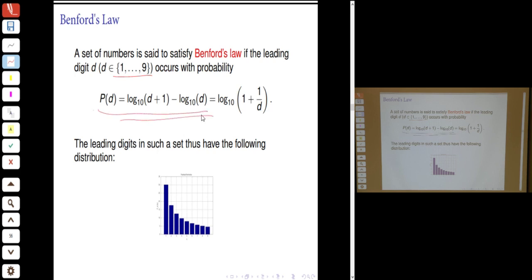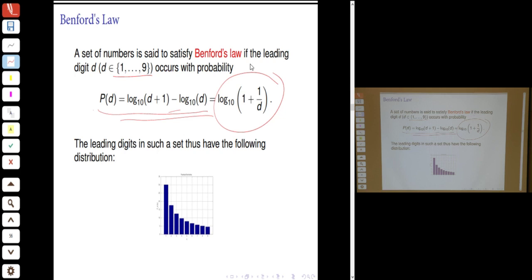P of d is equal to log base 10 of (d plus 1) minus log base 10 of d, which can be simplified as log base 10 of (1 plus 1 over d). So this is exactly the situation where you have a large table of numbers and you are looking at the leading digit.